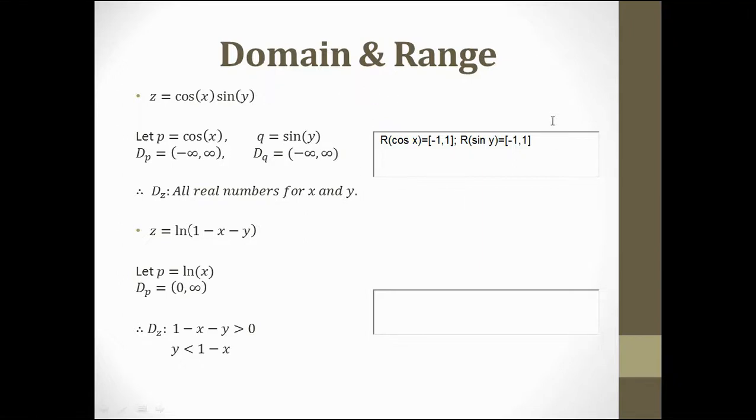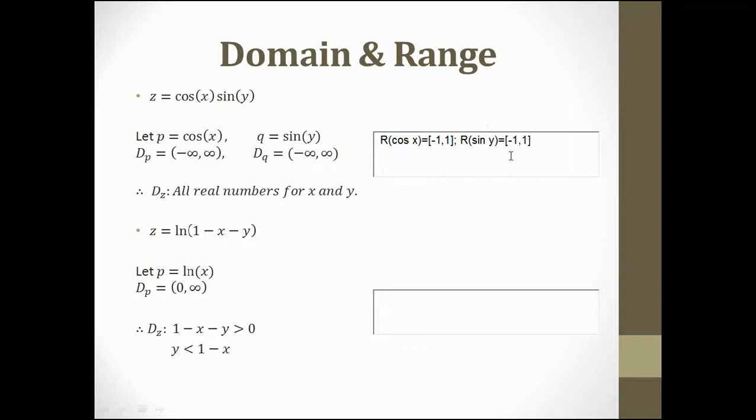Well, you have to recall that the variables x and y are independent of each other. What do we mean by independent of each other? It just means that x and y don't have a relationship with each other, so they could take any values. In other words, the range of cosine of x and the range of sine of y could be any value. So for instance, cosine of x could take the maximum value, while the sine of y could take the minimum value.